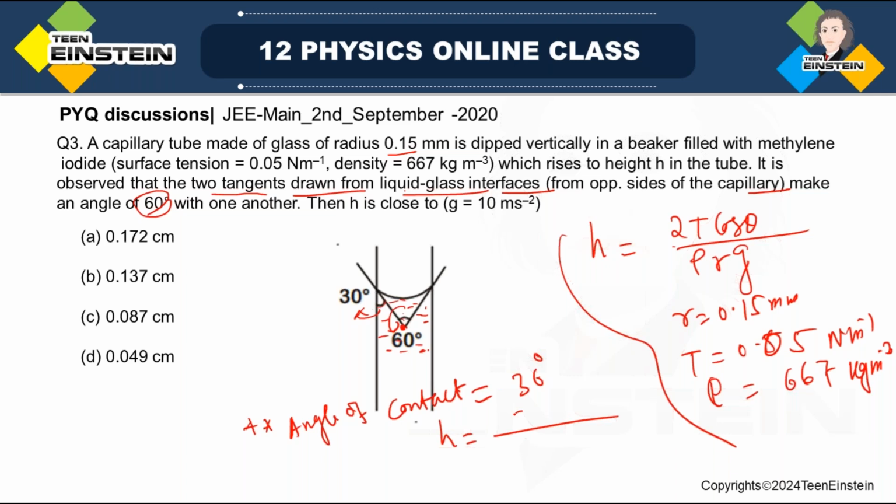So I'll put it here: 2T cos theta by rho r g. See, cos of theta is how much? Cos of 30 degree is, I'm sorry, root 3 by 2. So this is the formula actually.